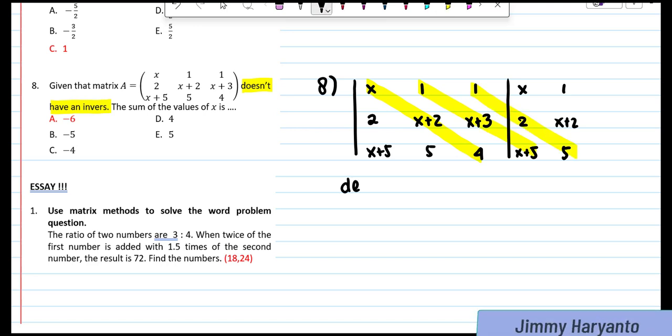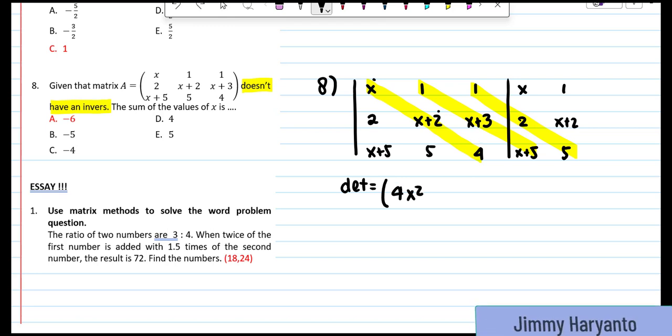Okay, so the determinant will be equals to x times 4 equals to 4x squared, and then x times 2 times 4 equals to 8x plus 8x, and then 1 times x, oh my bad, for this one the 1 is not important because 1 times anything will be useless, yeah.